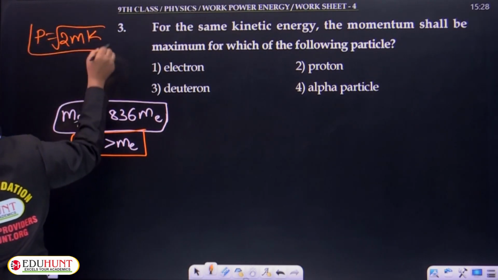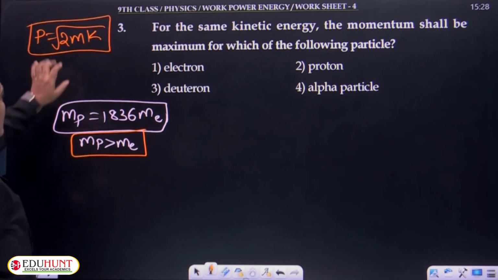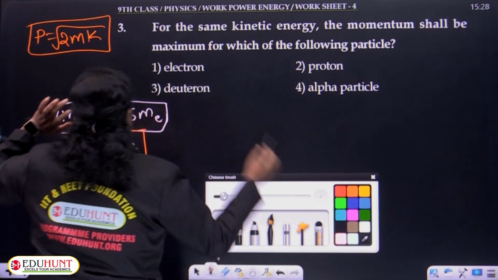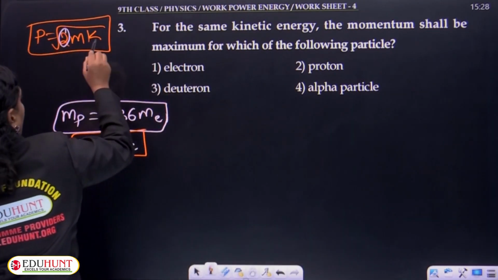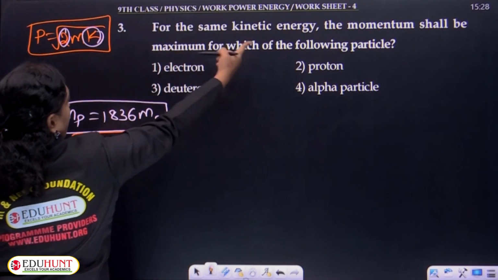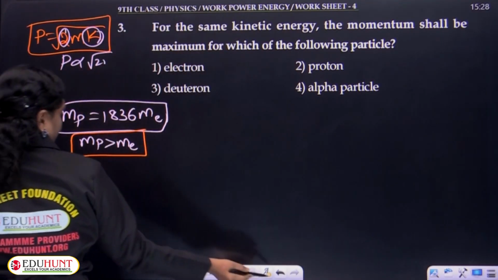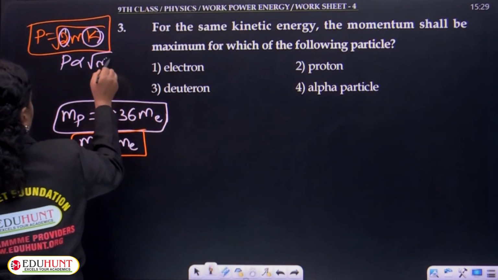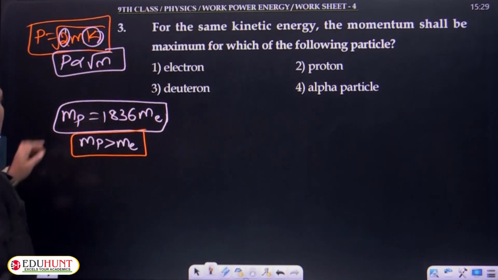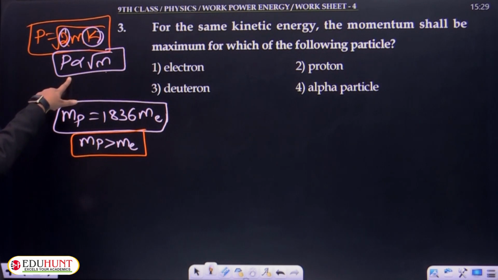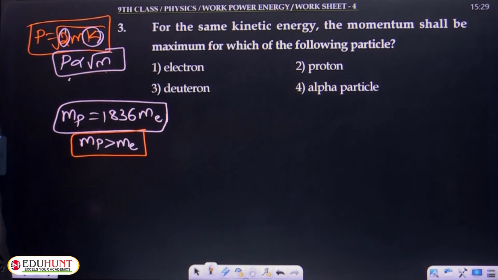Here 2 is constant and, given the condition, kinetic energy is also constant. So P is proportional to root m. Larger the mass, larger will be the momentum. Lesser the mass, lesser will be the momentum.